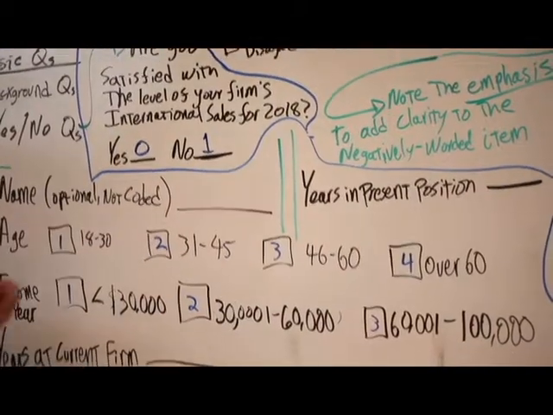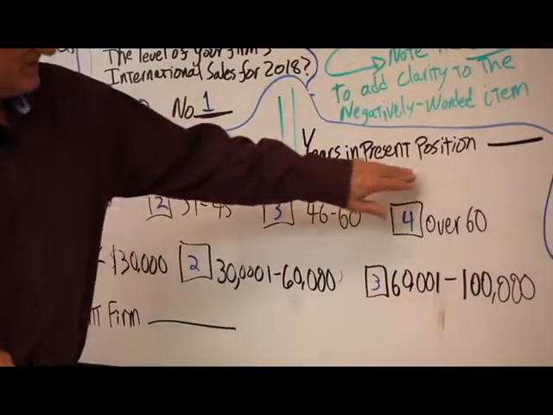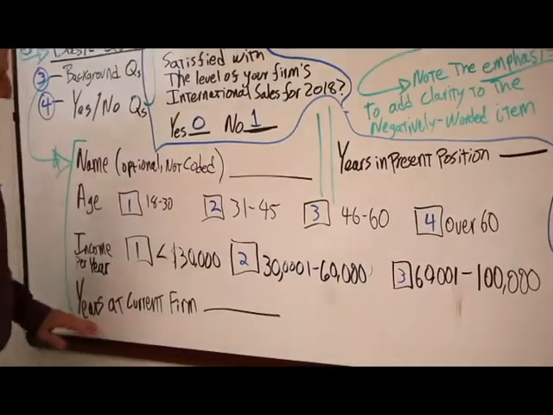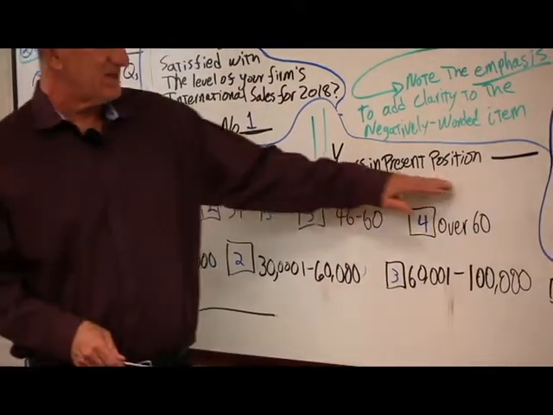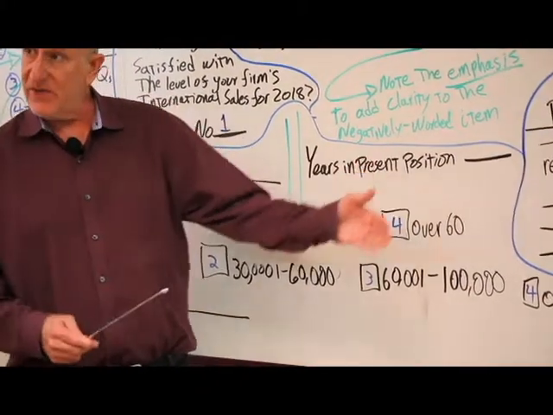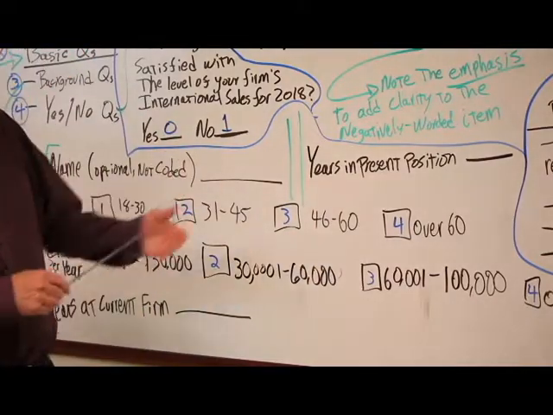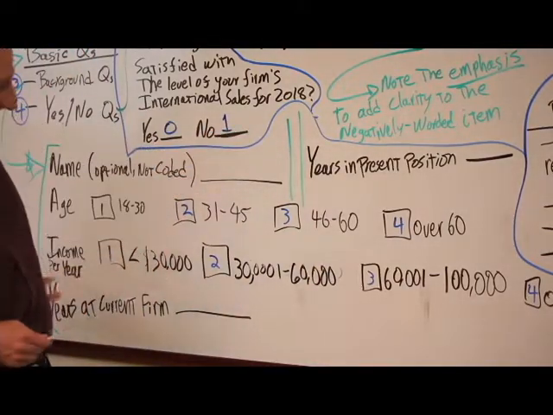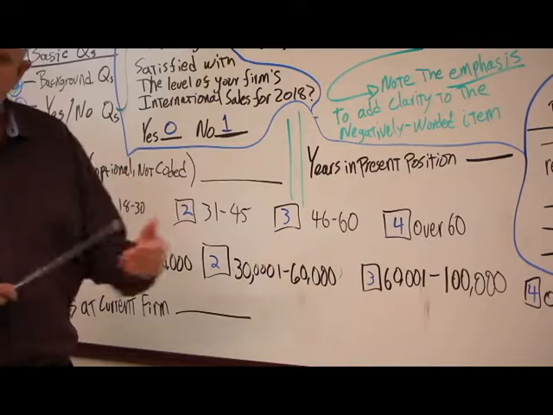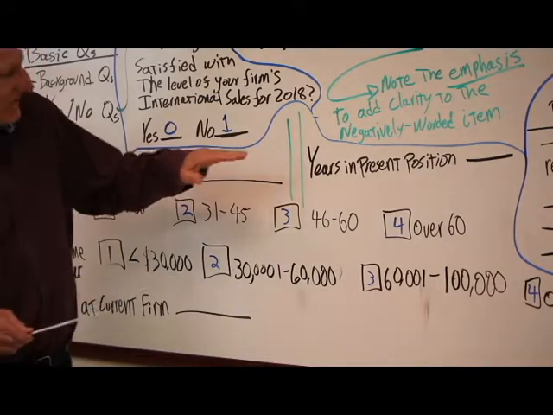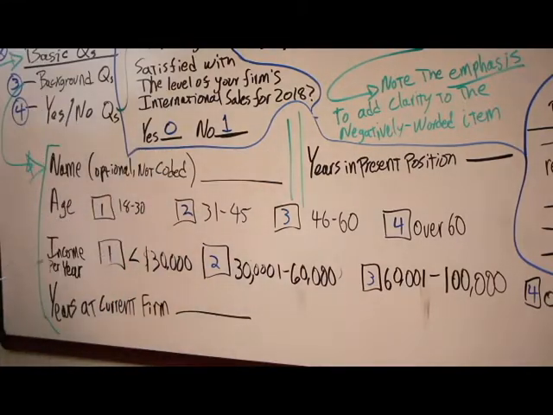So just change that to years in present position. Maybe you've been at the firm for 8 years, but you've been in your present position for only 2 years. That's what you want to get out of that. So this is just a point to make about using precise wording. Ask for the right stuff.